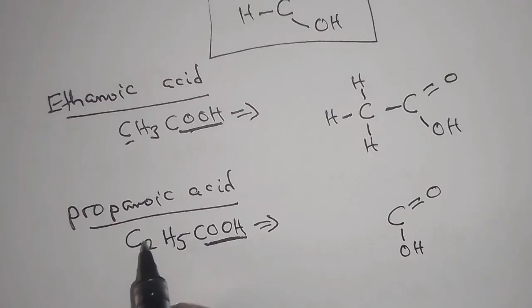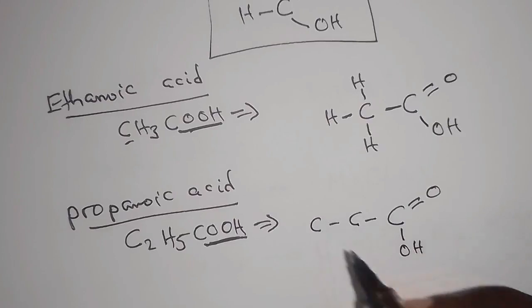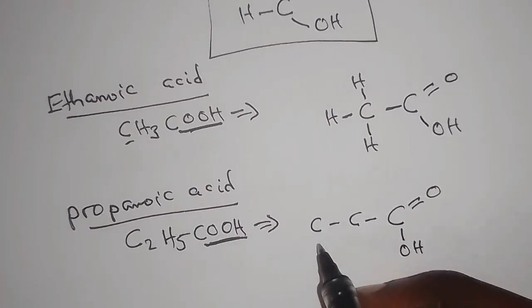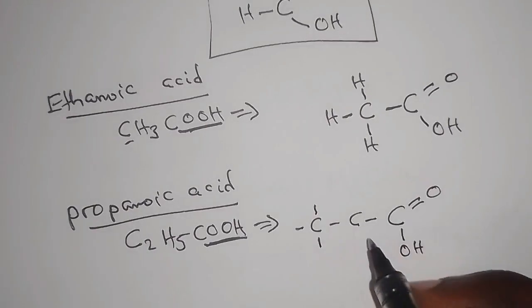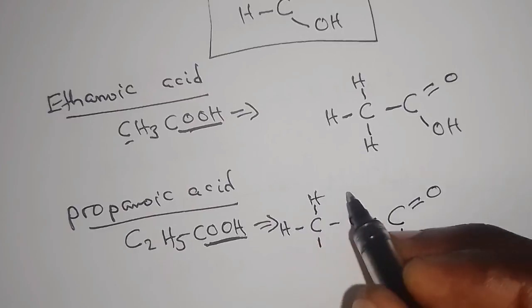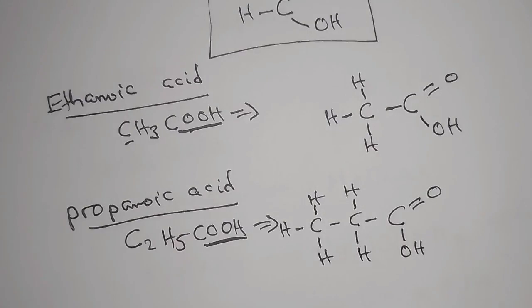Then you include 2 carbon atoms, this, then this. Then you put in how many hydrogens? 5. So 1, 2, 3, 4, 5. So you just do this. As simple as that. You can only understand this if we are practicing. So let us now advance, let us move on.